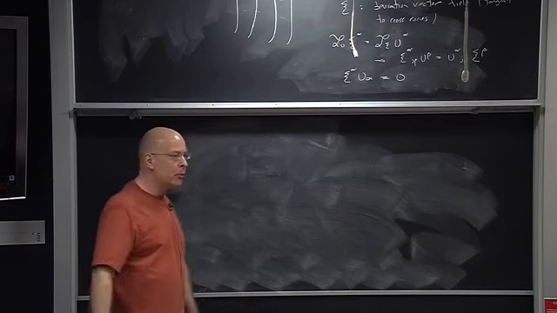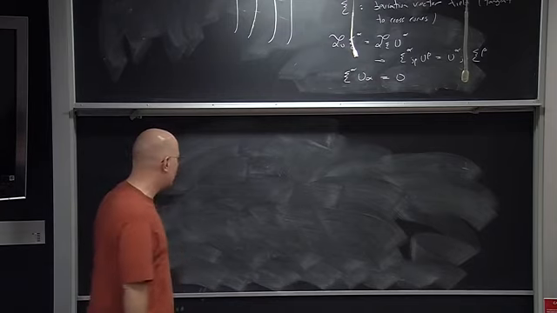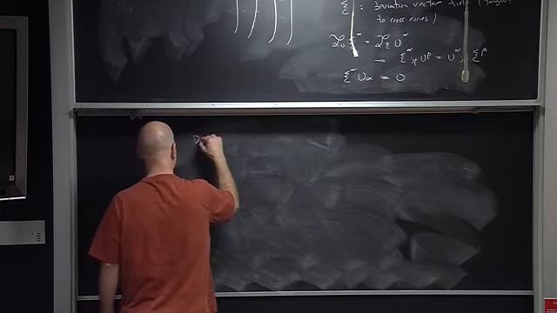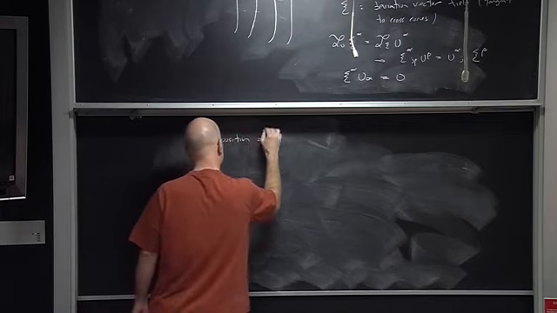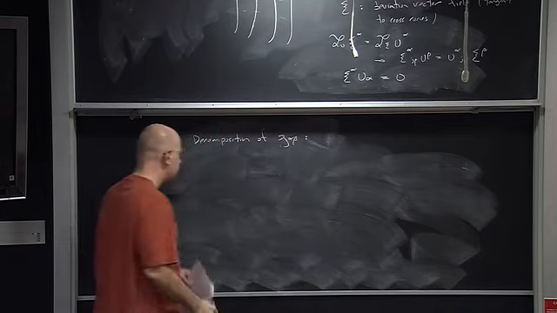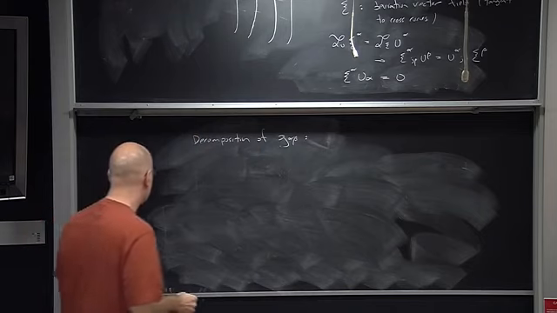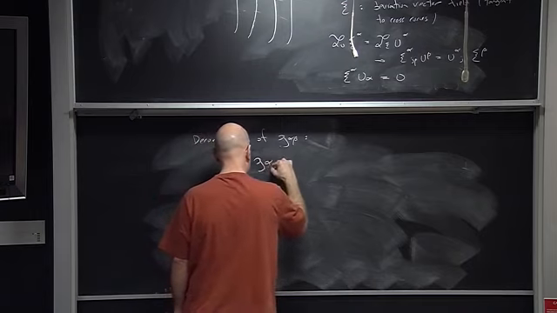I want to introduce a decomposition of the metric into a time direction and a spatial direction. I'll just write it out.